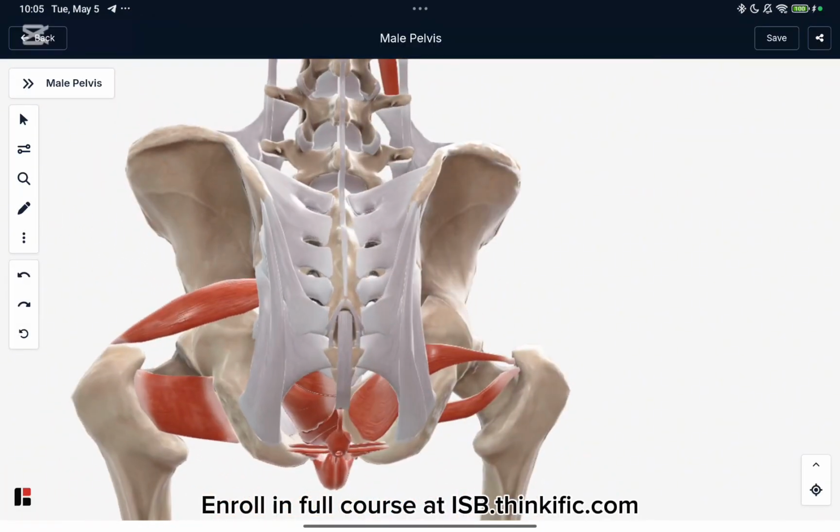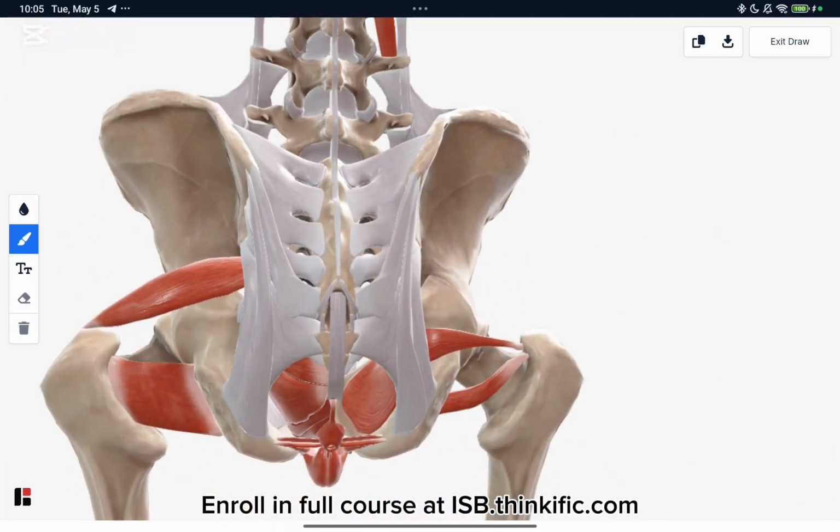It can externally rotate the femur. Lateral rotation, when it pulls or tugs like that, it will externally rotate the femur if the hip joint is extended, and if the hip joint is flexed, it will abduct the femur. So it is the same action as obturator internus.